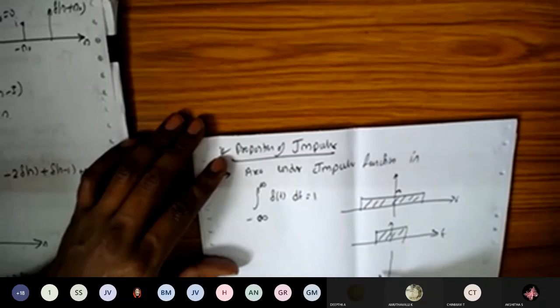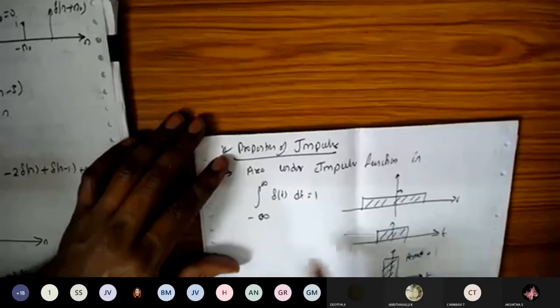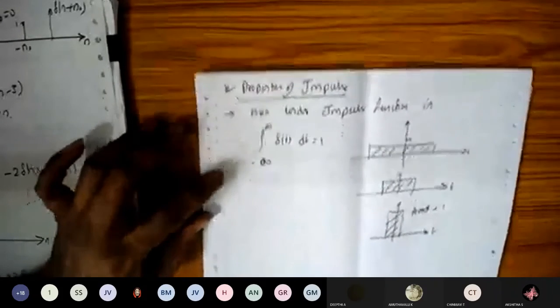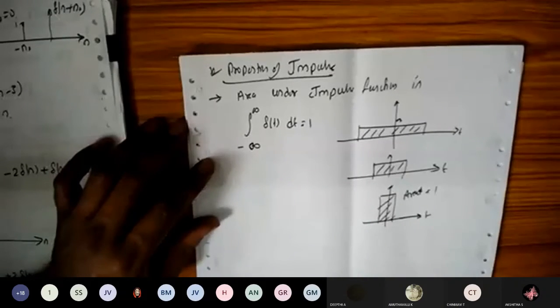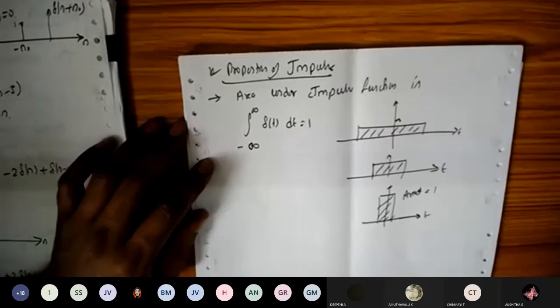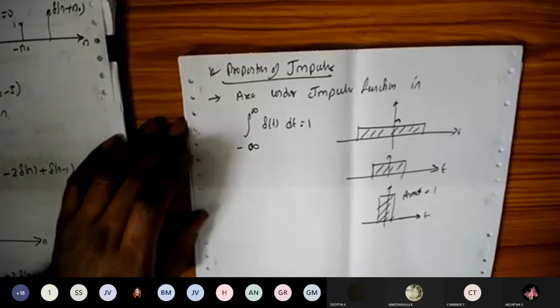Or if I plot the impulse function something like this, this area should be equal to 1. So this is the property of the impulse function: the area of the impulse function is equal to 1.